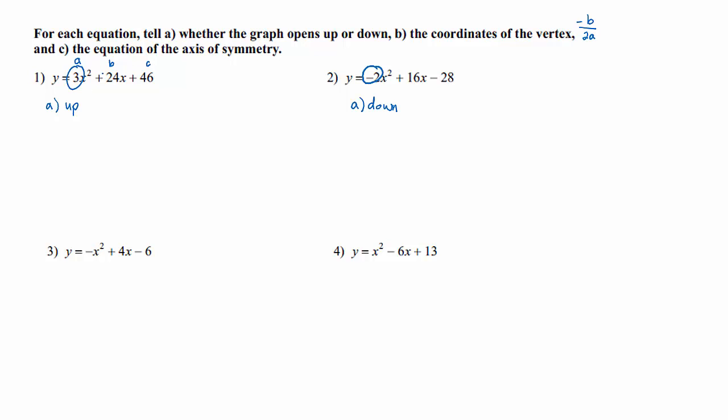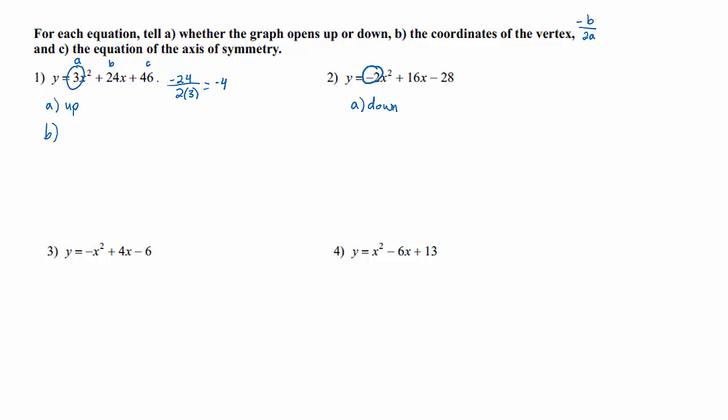If your equation's in standard form, where it goes x squared, x, and then the constant, then a, b, and c go in whatever order the numbers are in. So to plug in and find the vertex, we do negative b, so negative 24, over 2 times a, which is 3. So negative 24 divided by 6, which is negative 4.